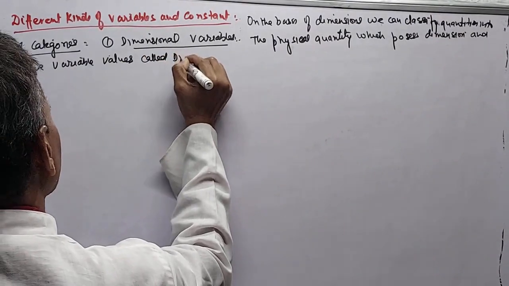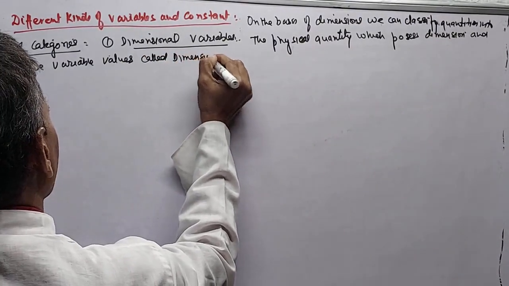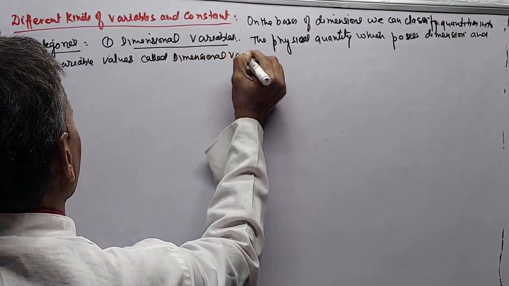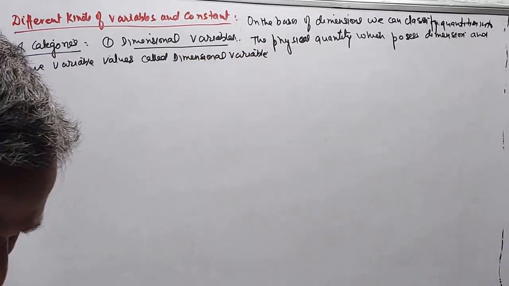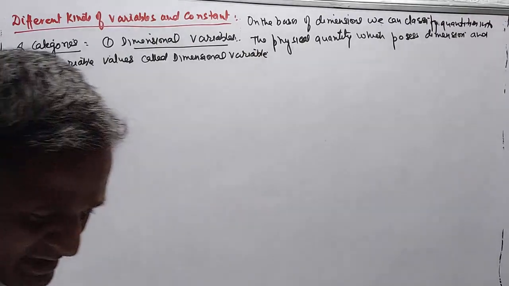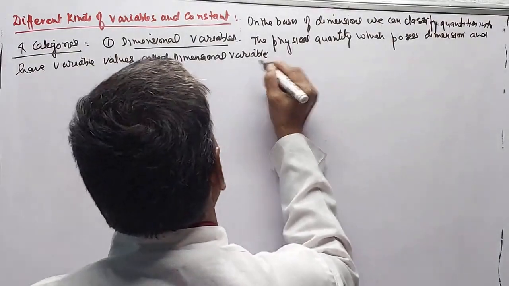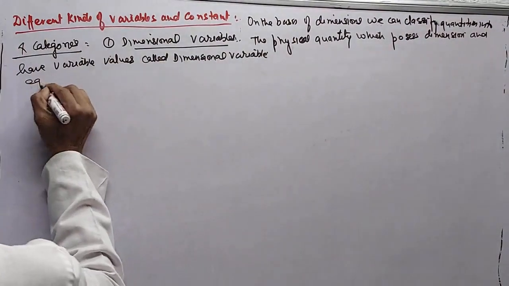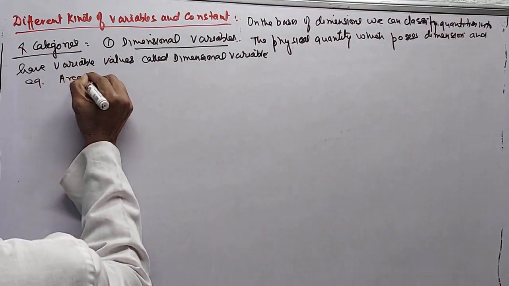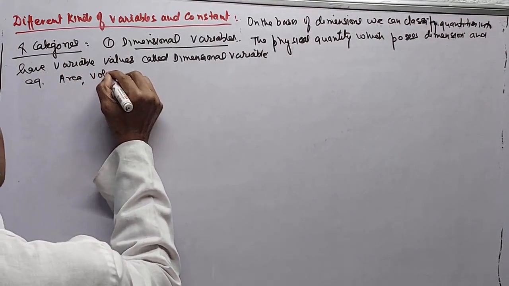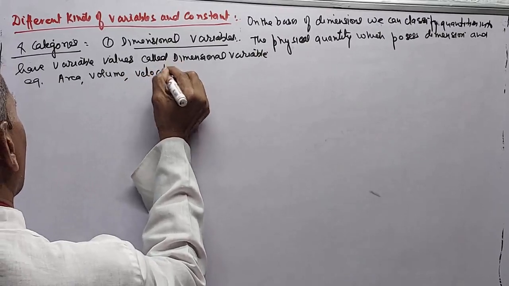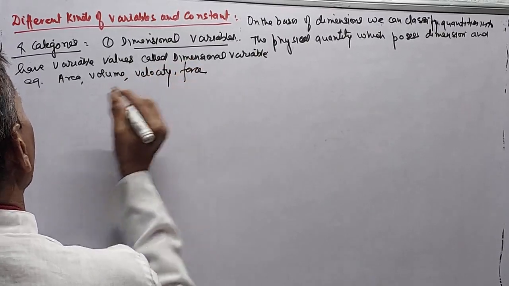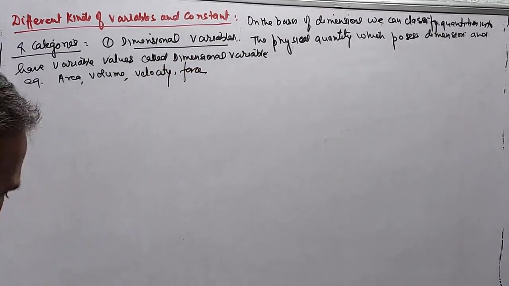Examples: area, volume, velocity and force.